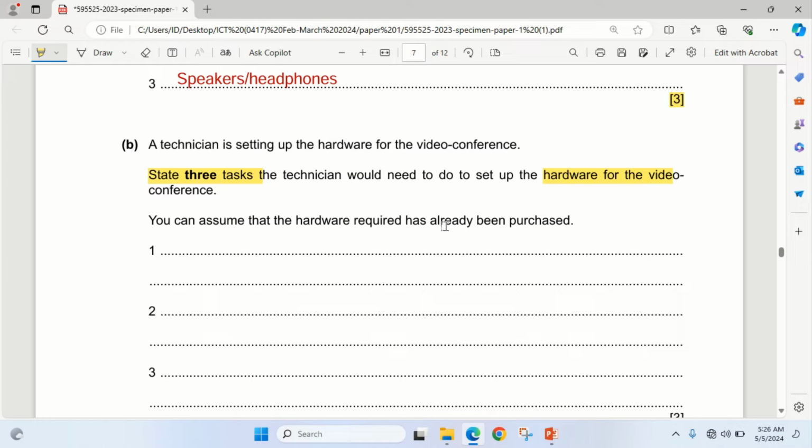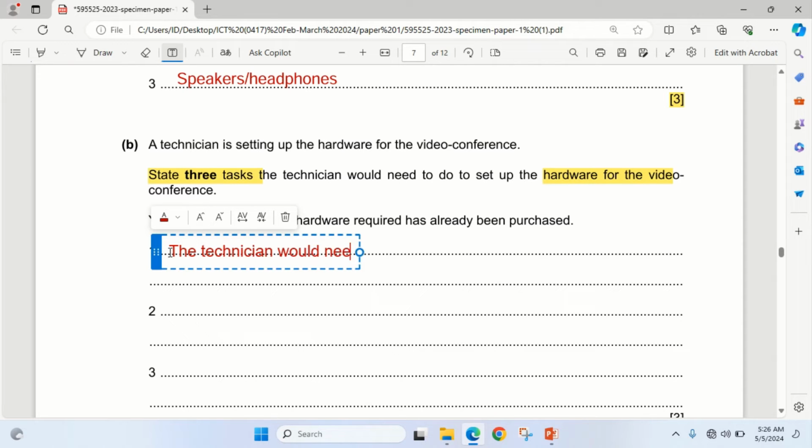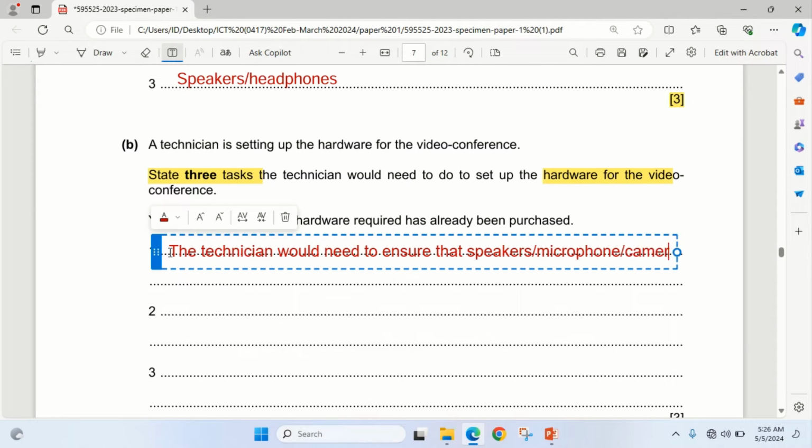So you will need to ensure that the video camera are switched on. So the technician will need to ensure that all the hardware components that we have mentioned, the speaker, microphone, camera or webcam, are switched on.